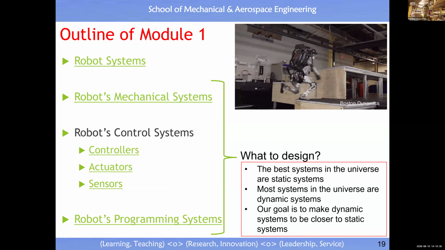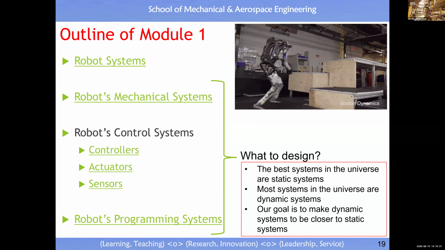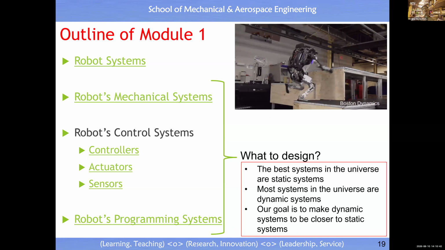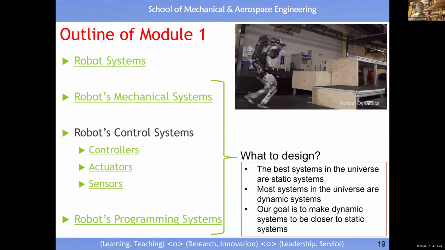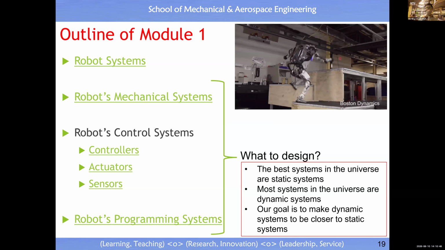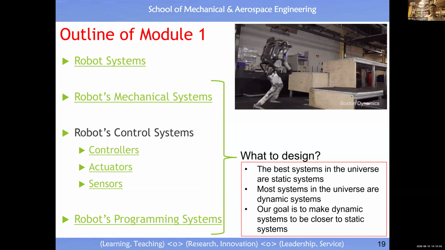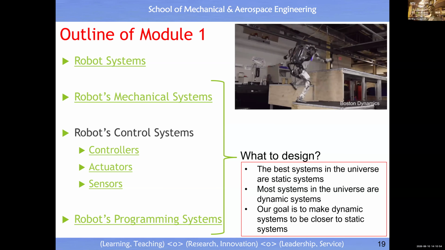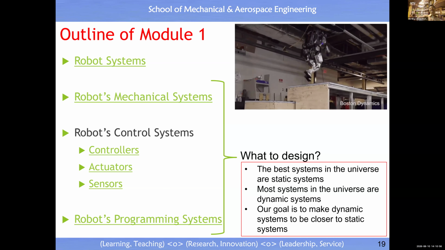This module is extremely important and heavy, because you have a lot of hardware and a lot of theory. So I will help you understand the hardware aspect, then the theoretical aspect will be taught by Amma in the second part of this course.